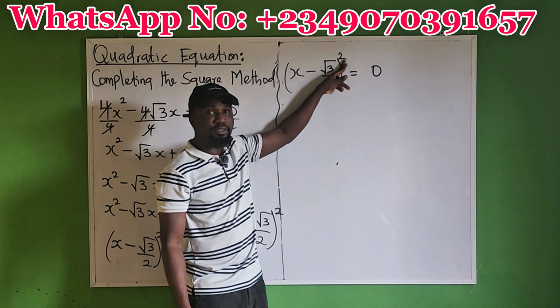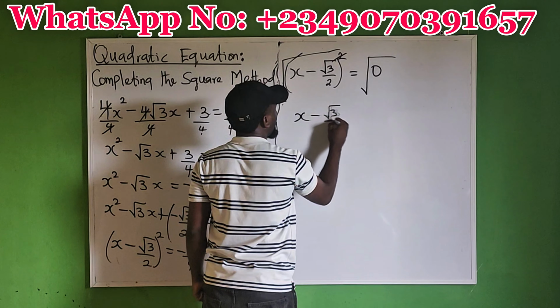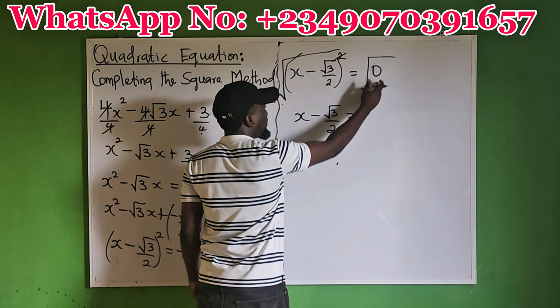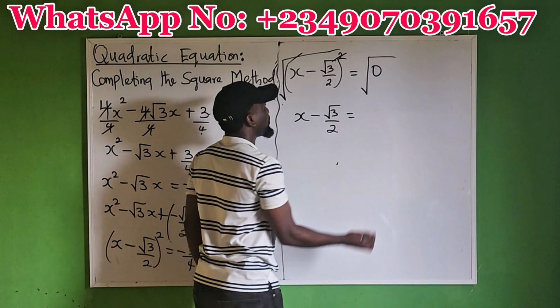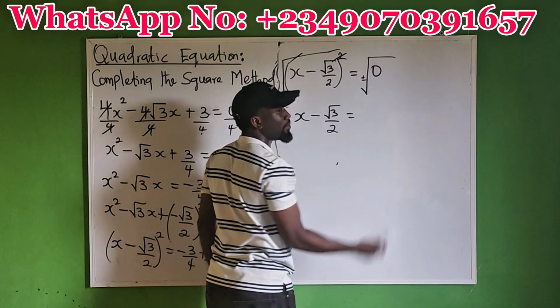We need to cancel this by squaring both sides. The square will cancel the square root. So we have x minus root 3 over 2 is equal to 0. Please, we don't need to put plus or minus here because there's nothing called negative 0. So this gives us 0.